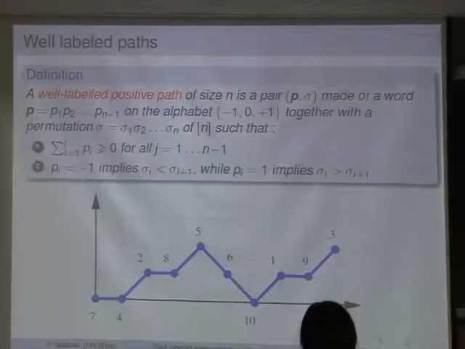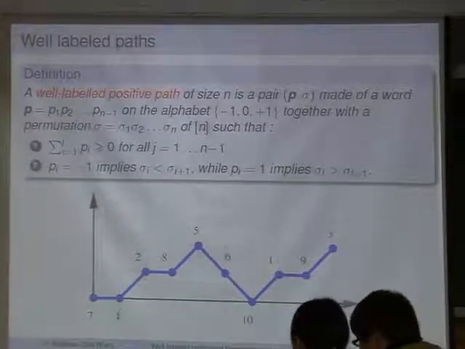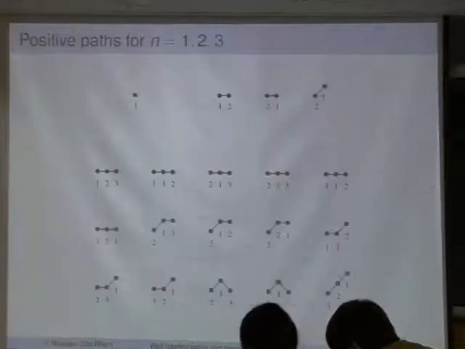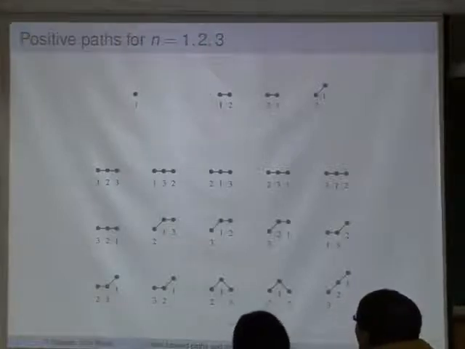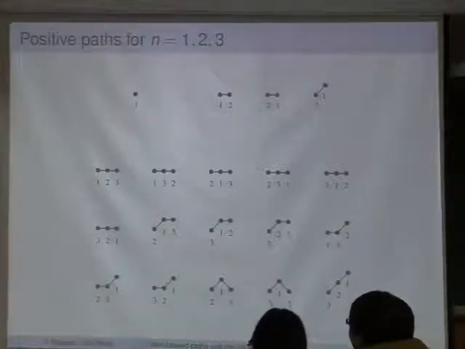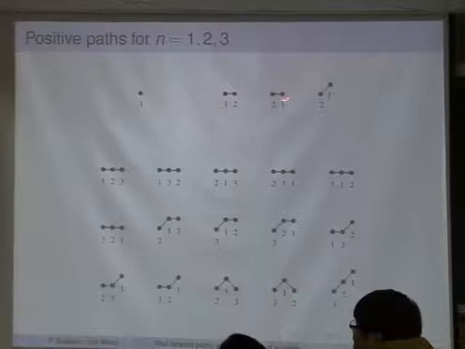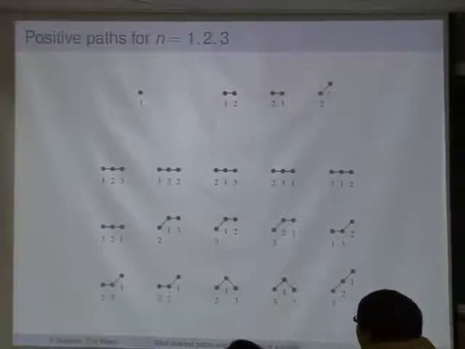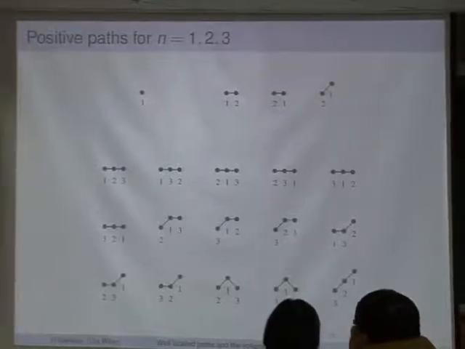The first step actually is not to consider this path, but a closely related class of paths that are called Motzkin paths. Oh, sorry, I'm going to give some examples to see that this formula is correct. You can check. If n equals 1, you have just one path, you just stay level. If you have n equals 2, you can either stay level, and then all possible permutations are possible, or you do an up step, and then this one has to be bigger than this one.